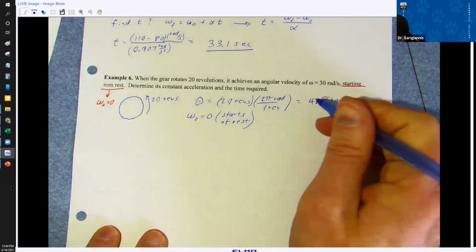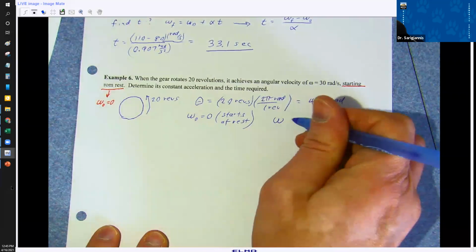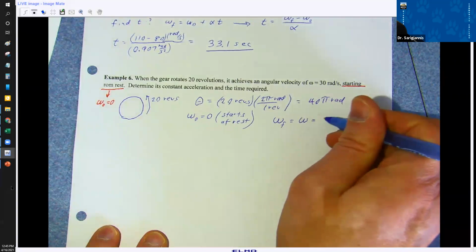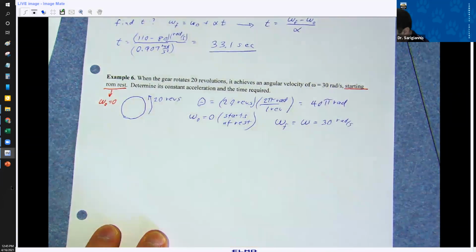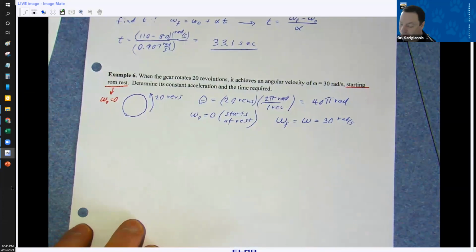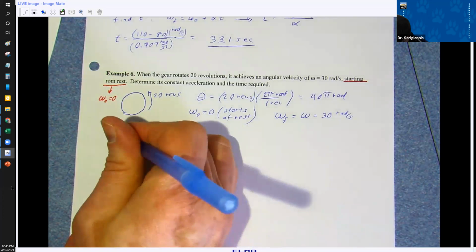And it's achieving, I'm just going to stick with the omega, 30 radians per second, because the formulas don't actually use the subscript f.